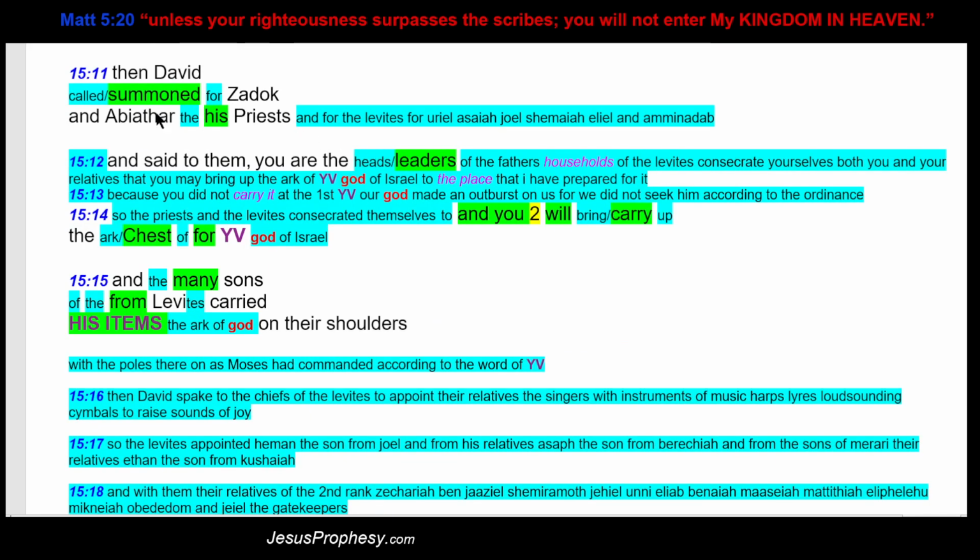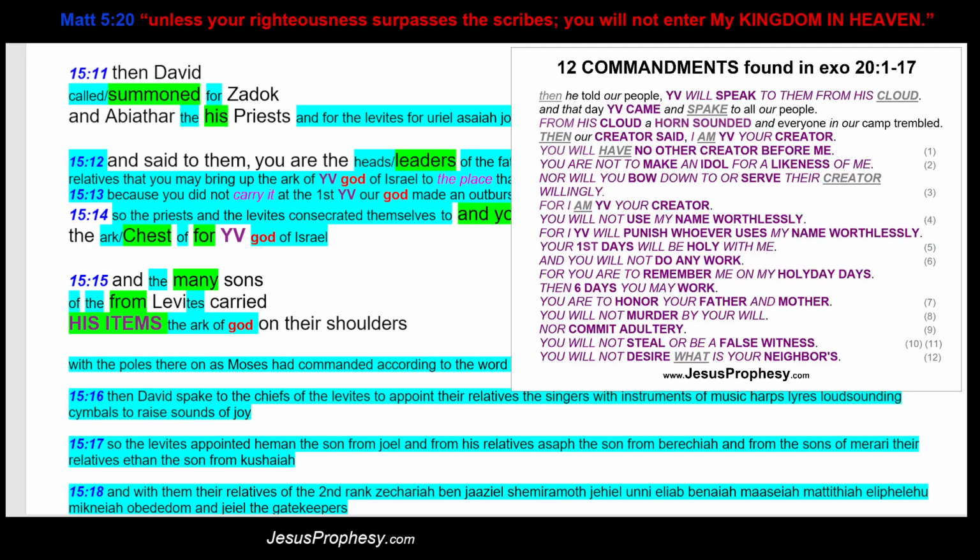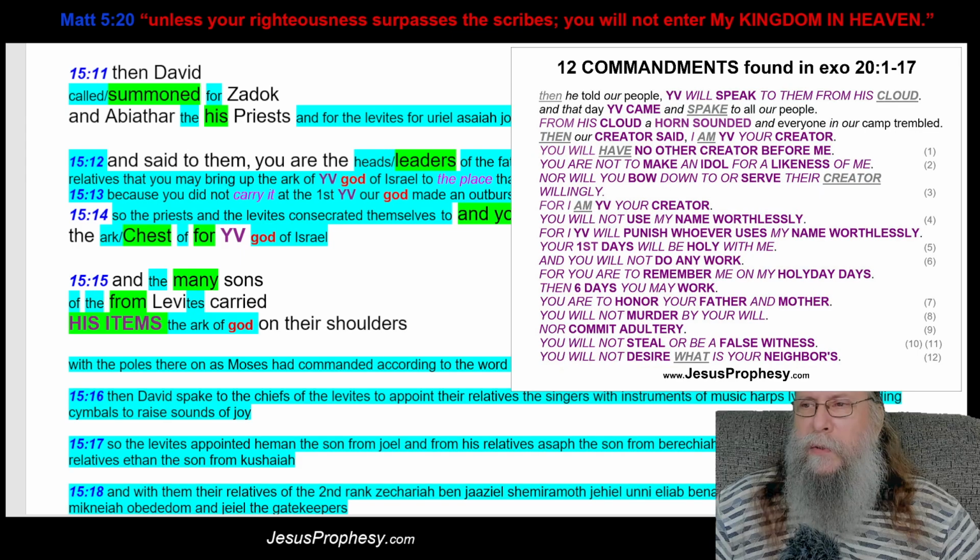And it's these two guys that are going to carry the chest, which has the 12 commandments in it. Now you're going to see, what the heck did I just say? Well, there are 12 commandments when you actually study the text. So there's the 12.